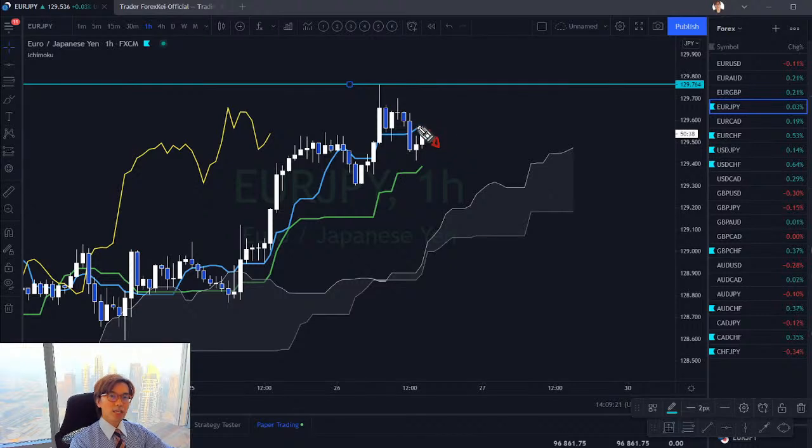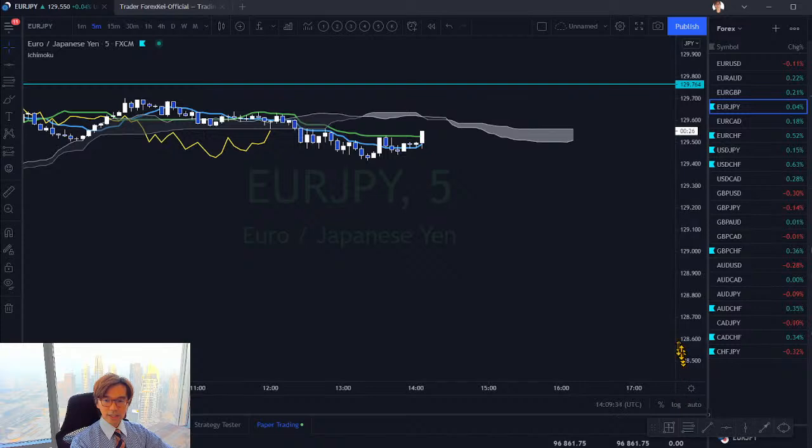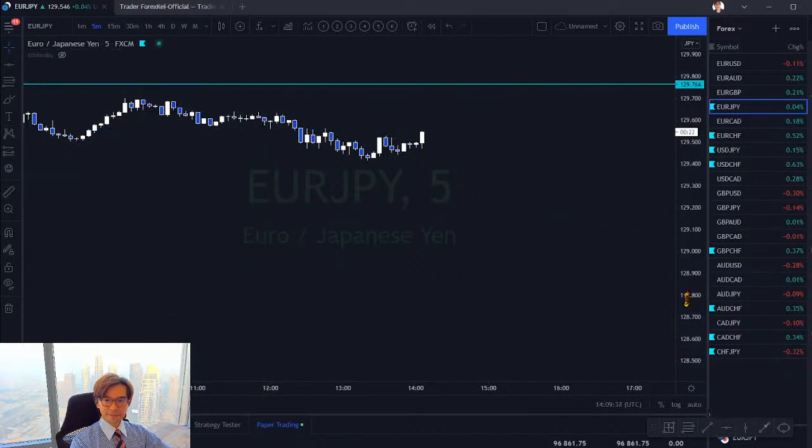So how to capture what I call trading edge is I look at the lower time frames. Today, let's look at the 5-minute chart, because the 5-minute chart moves faster than 15. So during this live stream, we might see some trading edge.